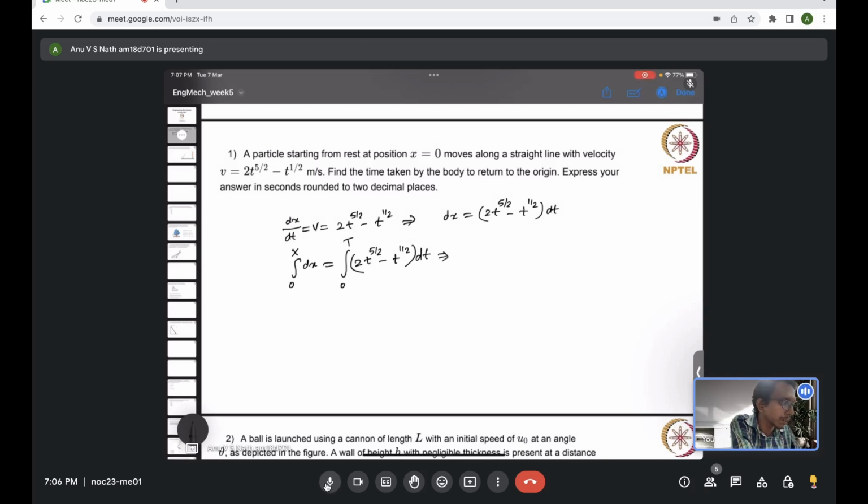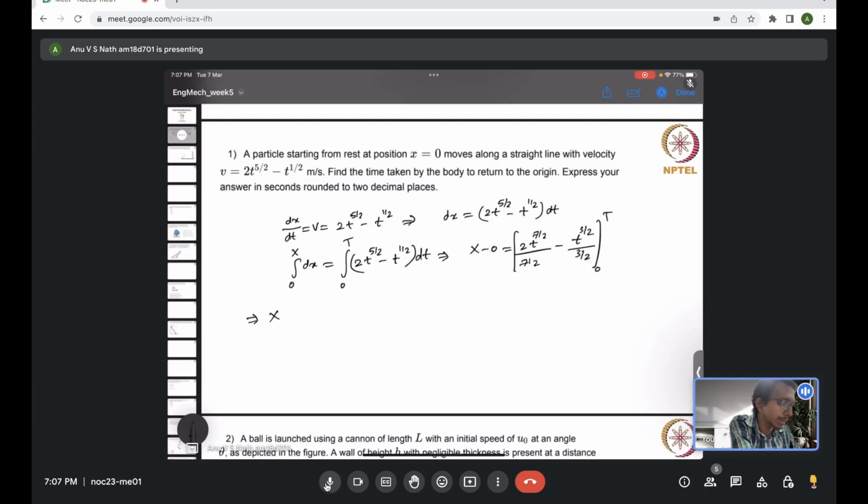Now on the left hand side it will be x minus 0. On the right hand side it is 2 t raised to 5 by 2 plus 1, which is 7 by 2, whole divided by 7 by 2, minus t raised to 1 by 2 plus 1, which is 3 by 2, divided by 3 by 2, and the limit is from 0 to t.